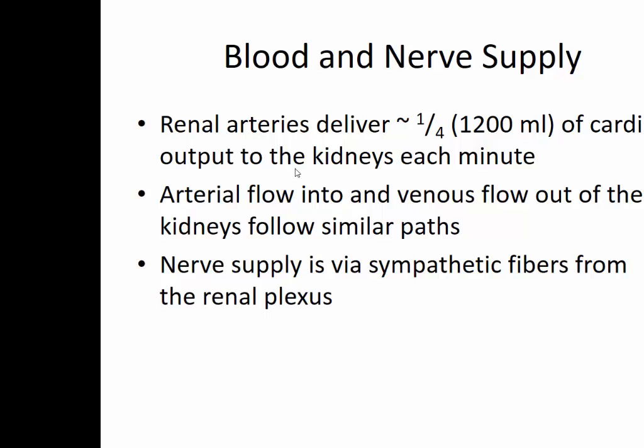So if we look at the blood supply serving the kidneys, the renal arteries deliver 25% of the total cardiac output. So they receive a good blood supply. It's very necessary that we pass blood through the kidneys because the kidneys filter out wastes and they're in control of our electrolyte balance. So it plays a really big role.